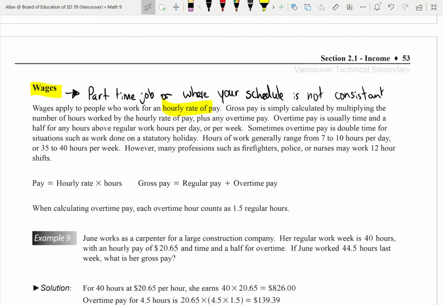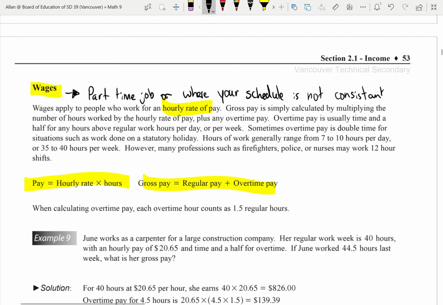So if your schedule changes from week to week, if you have certain days off, a job might choose to pay you hourly. How we calculate it is with these two equations right here.